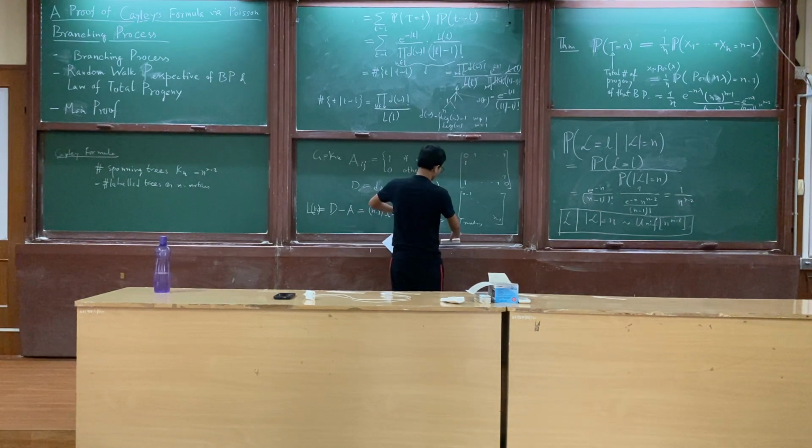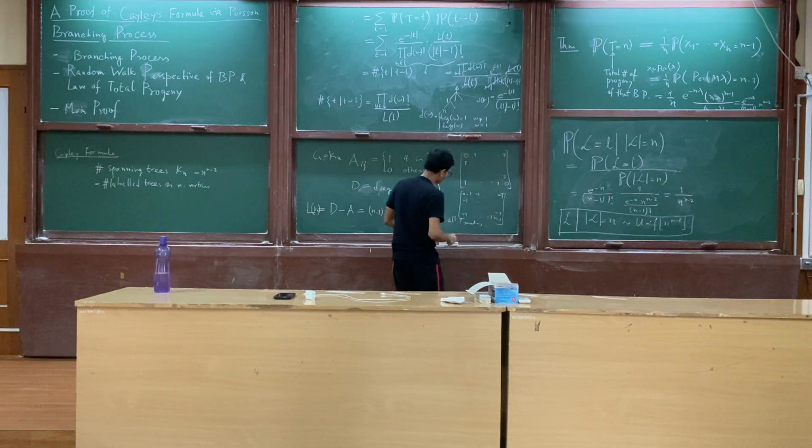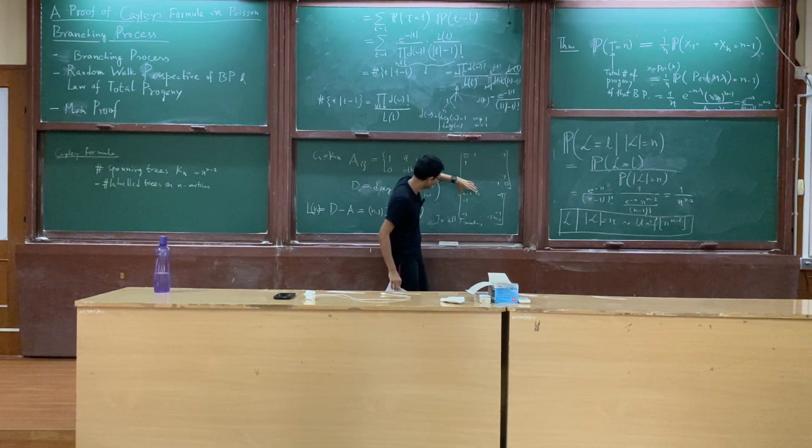This just looks like n minus 1 in the diagonal and minus 1 everywhere else. How many minus 1s are there? n minus 1. Here also it's symmetric. As you can see, the row sums and column sums are 0. So this matrix has determinant 0.